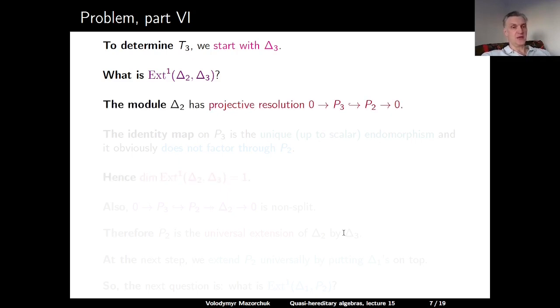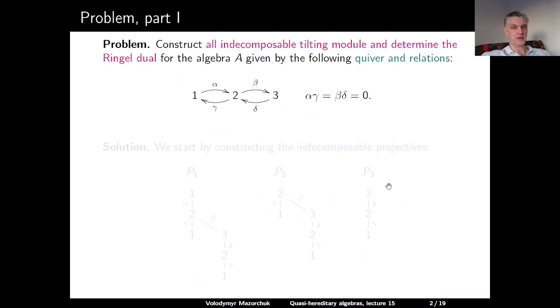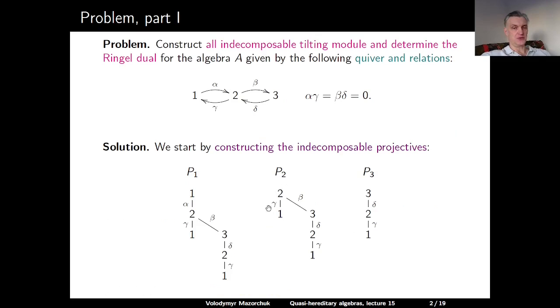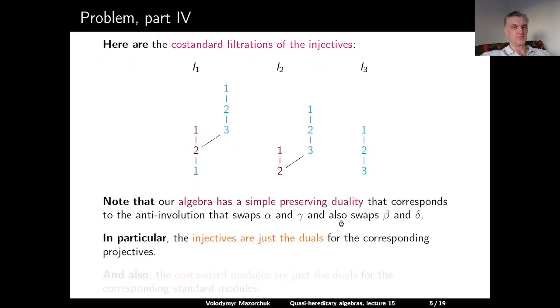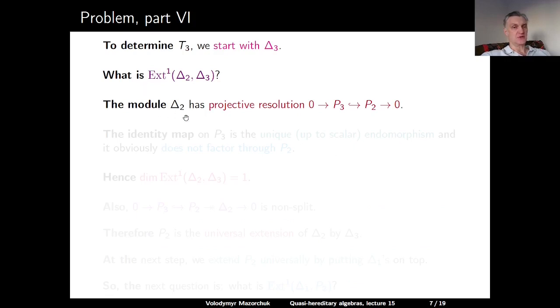In order to compute that, we know that the module delta 2 has the following projective resolution. So we have P2, that's delta 2, and that's a quotient of P2 by delta 3. So we have P2 and inside it a submodule P3.